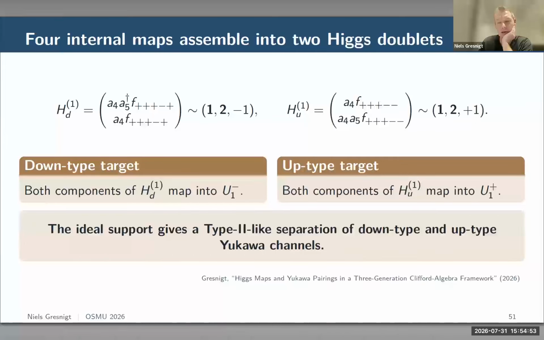So one has hypercharge +1, the other one -1. Now the subscript here on the Higgs doublet is to denote that they're the first generation Higgs doublets. And so what we see here is that we get a type 2-like separation of down type and up type Yukawa channels.